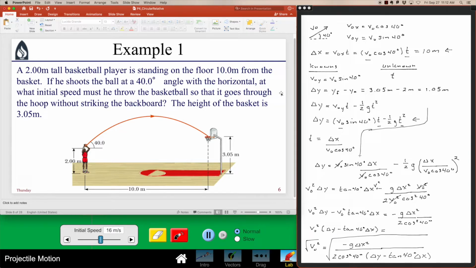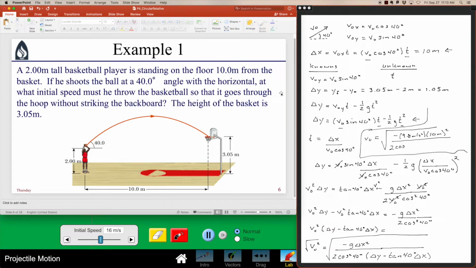All right, so my v naught is going to be equal to the square root of negative 9.8 delta x, which was 10 meters, that gets squared. Then I have in the denominator 2 times cosine of 40 degrees squared.